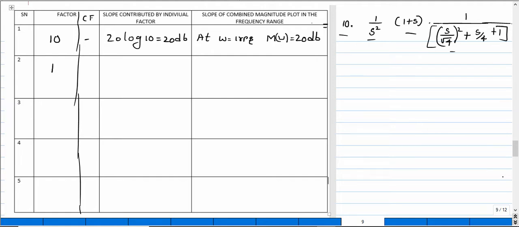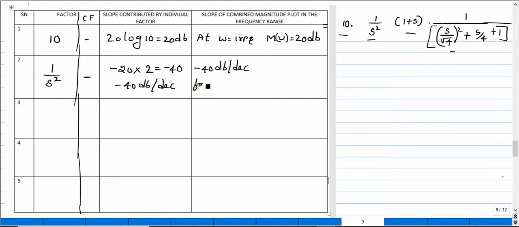Next, we have 1 by s square as a derivative factor, no corner frequency, and the formula is, if it is 1 by s, minus 20 into m, that is 2, so we have minus 40 dB per decade. So we shall draw a slope of minus 40 dB per decade.